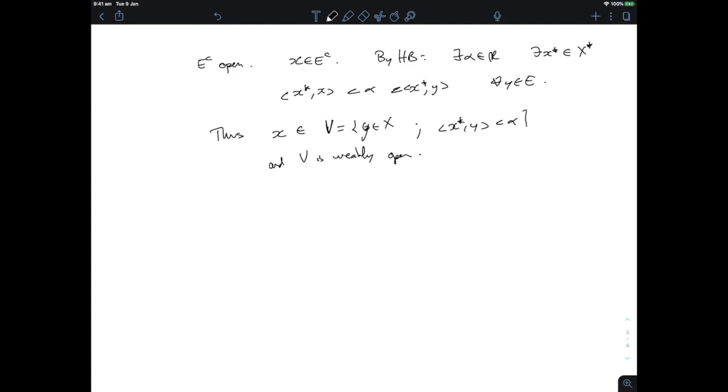So V is weakly open, and it's also included in E complement because all the elements in V tested against x star are below alpha, and all the elements in E tested against x star are above alpha. And that concludes the proof of Mazur's theorem. So for a convex set, weak closedness and strong closedness are exactly the same.